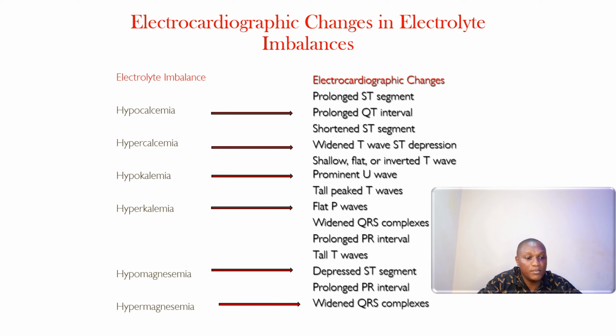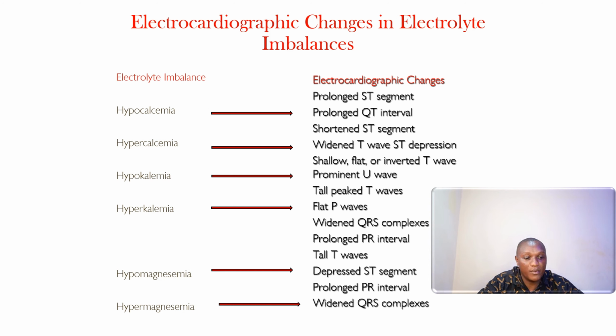In hypercalcemia, we have widened T wave, ST depression, shallow, flat, or inverted T wave. In hypokalemia, we said prominent U wave and tall peaked T waves. That is very important. Tall peaked T waves in hypokalemia.